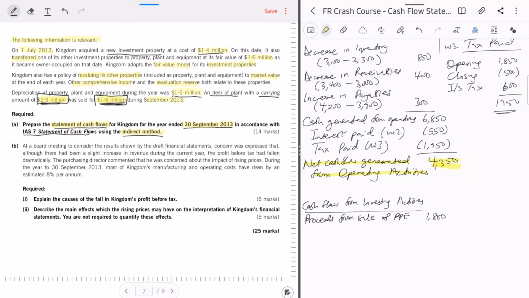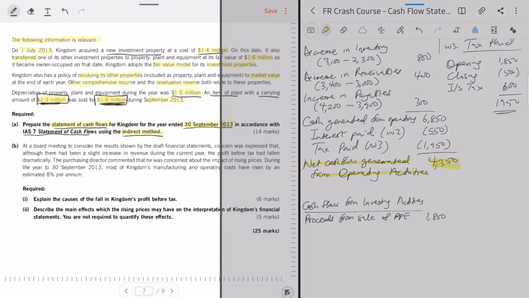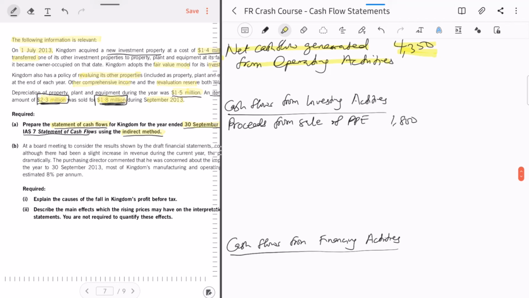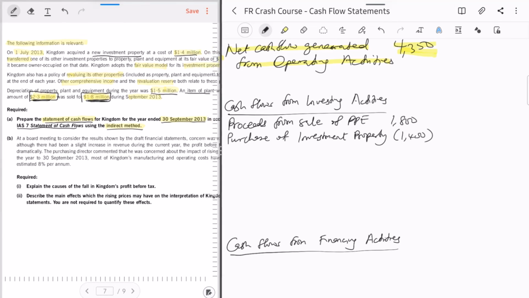So I just come to investing activities and say purchase of investment property. They acquired it for 1.4 million. So minus 1,400 because that's an outflow. They are paying cash for it, right?